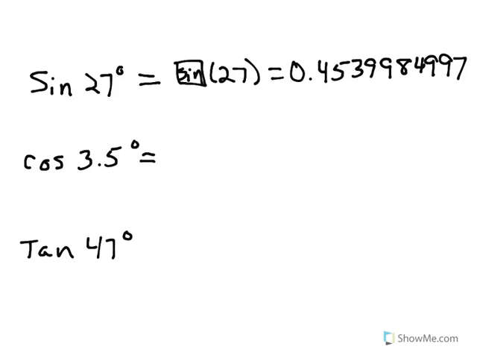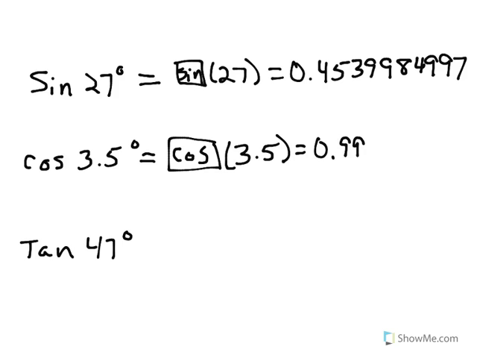Cosine of 3.5 degrees. Hit the cosine key, then type in 3.5 and hit equals. Cosine 3.5 equals 0.9981347984. The tangent of 47 degrees.